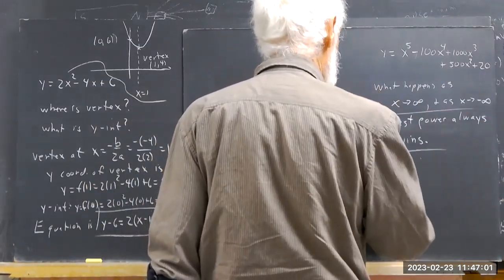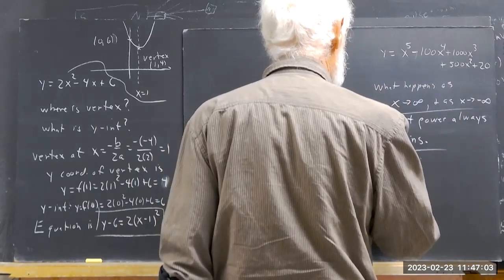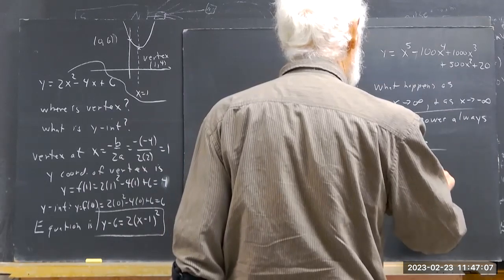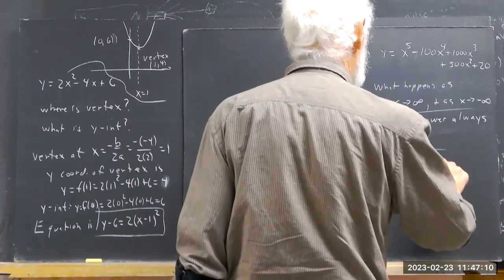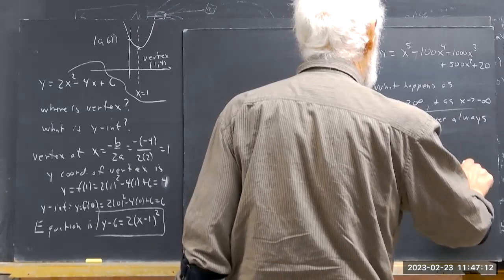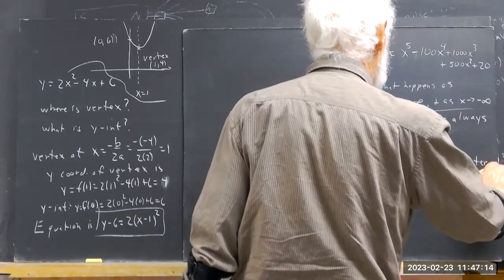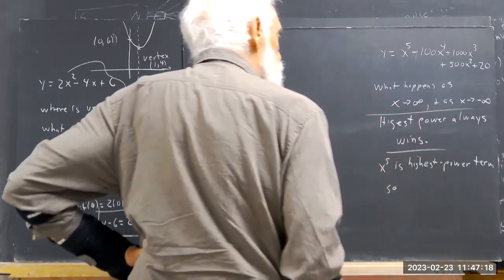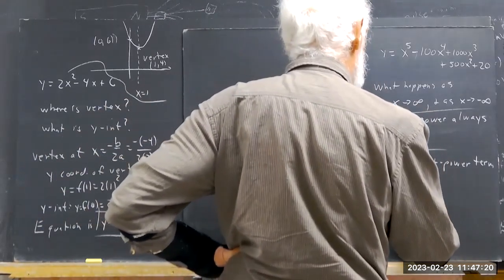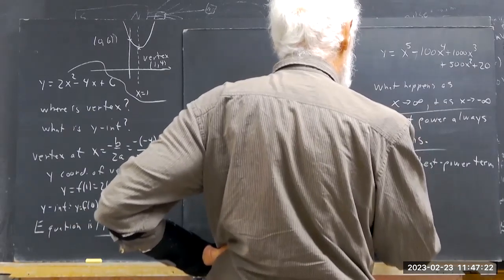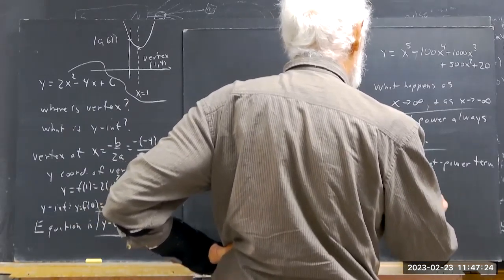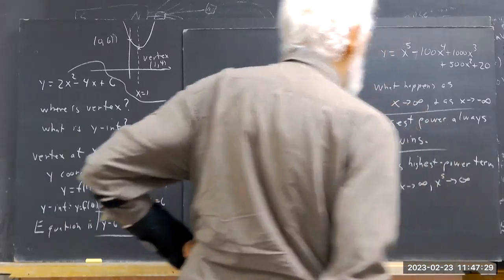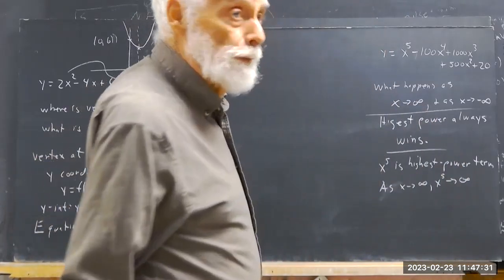The reasoning here then is, as x goes to infinity, x to the 5th goes to infinity.